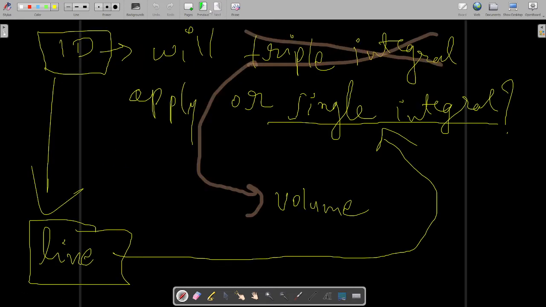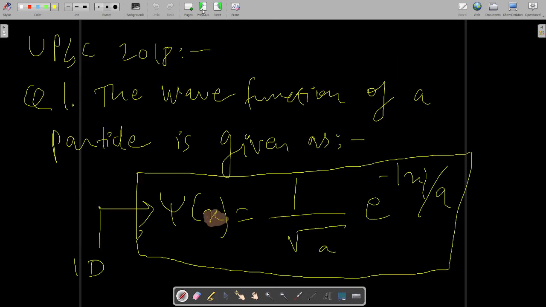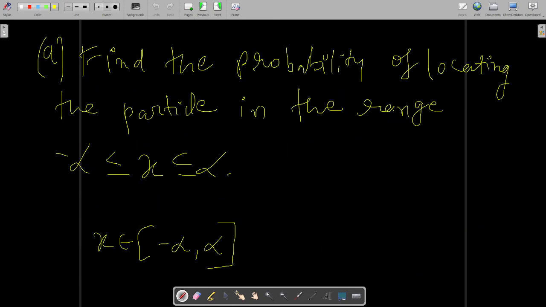So I will just draw a diagram. The wave function is given like this, and you have to find the probability in this region. So you draw a line like this to denote it. This is x prime, and this is your x axis, and this is the origin of the x axis.